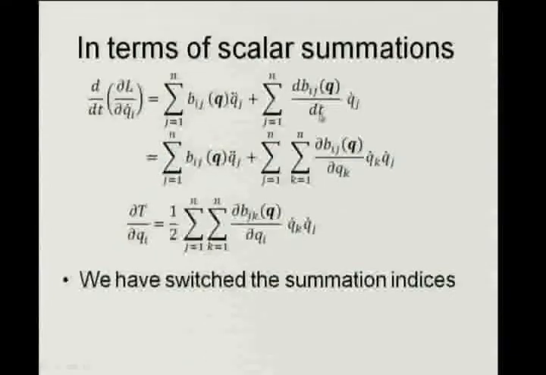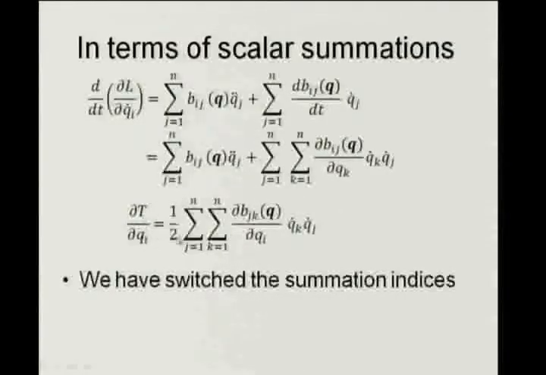Any confusion? No, that is quite standard, you expand it in terms of each one of them, and then similarly del T upon del qi will end up being this term. And you have to switch the summation indices to get it back into the same form, which is an allowed operation inside summations. We do not have to stick to the same order of doing that.